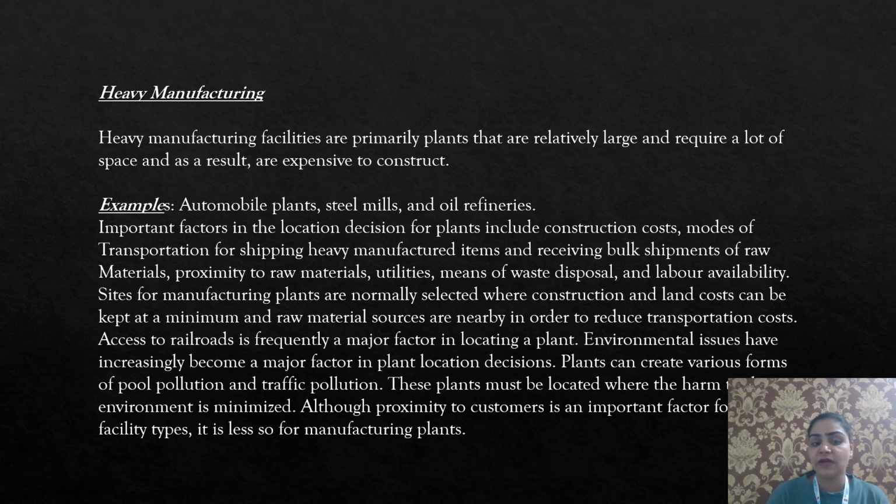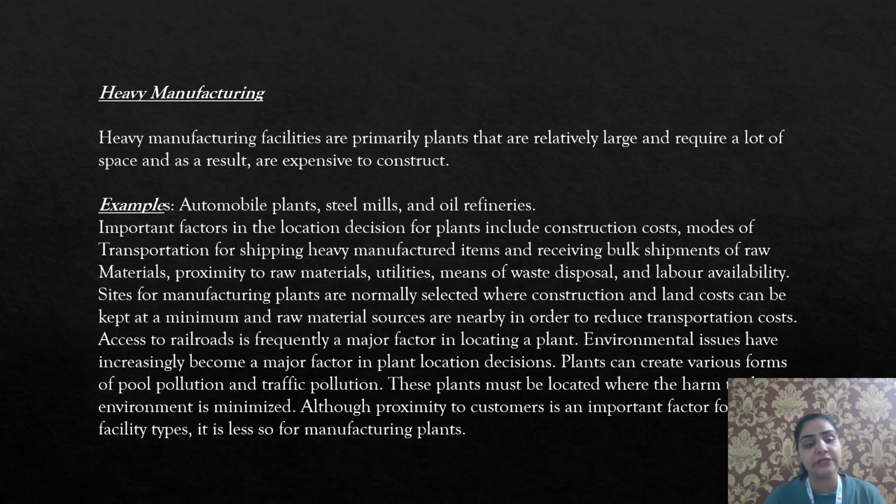Sites for manufacturing plants are normally selected where construction and land costs can be kept to a minimum and raw material sources are nearby, in order to reduce transportation cost. Access to railroads is frequently a major factor in locating a plant.